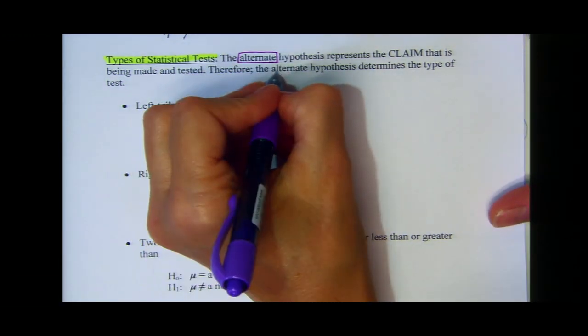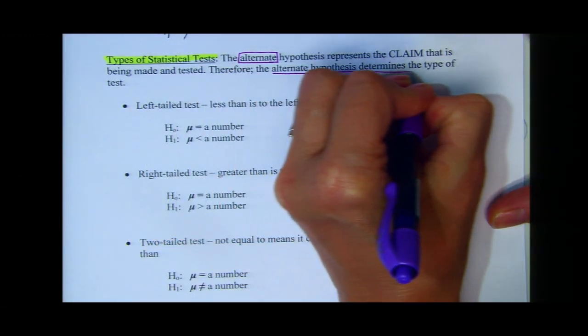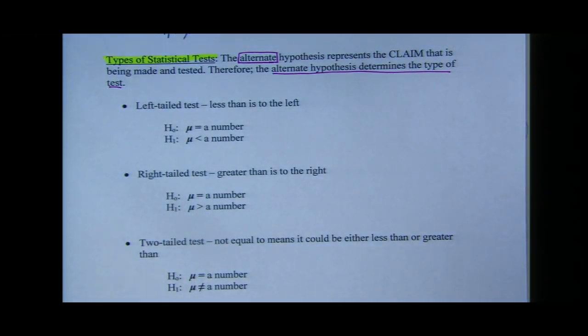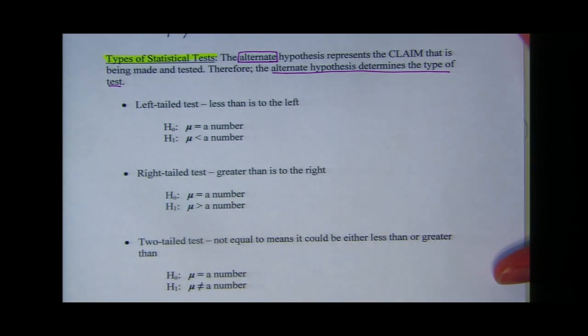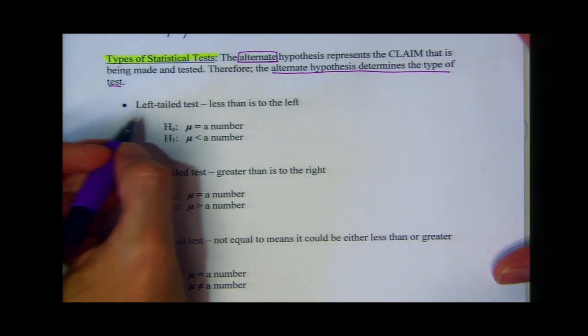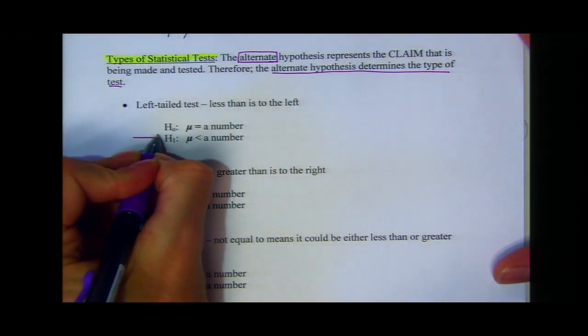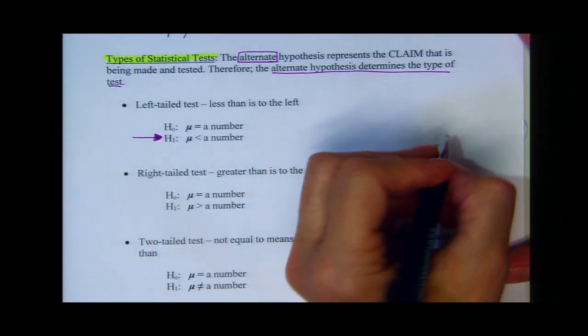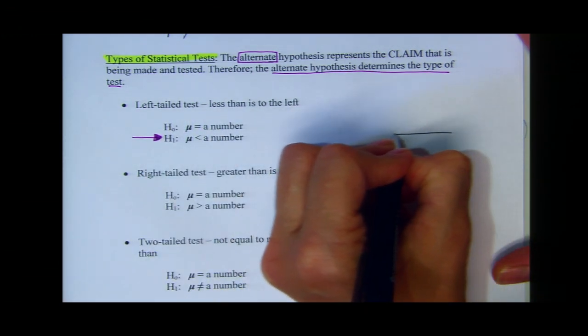Therefore, the alternate hypothesis determines the type of test that you are going to do. So, if you'll notice here, when the alternate is a less than statement, that tells me I have a left-tailed test.